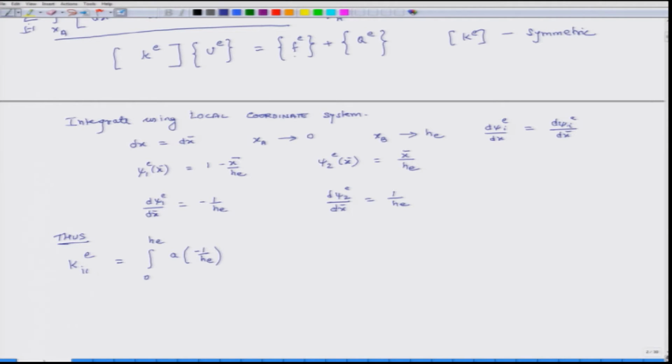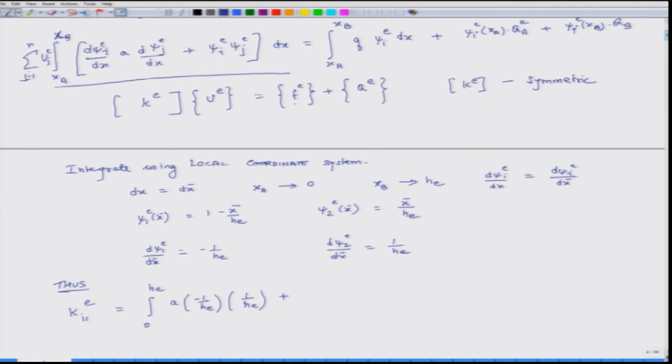So, it is a times d psi 1 over dx times d psi 1 over dx, plus, oh there should be a c here, c times psi 1, which is 1 minus x bar over h e, and again psi j is also psi 1.